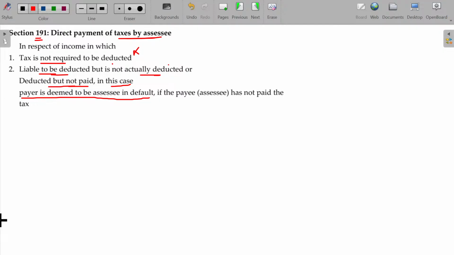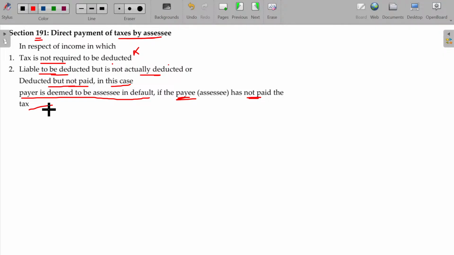Can I escape? Yes, you can escape. The moment the original payee deposits the tax for that income, after showing to the income tax department, gives me a certification, then my commitment is over. I'm not responsible for that at all. So, deemed to be an assessee in default, provided the payee has not paid the tax. If he pays himself later on and gives me a certificate, sir, I closed my payment, okay, very happy.